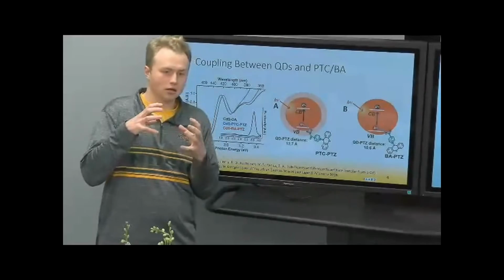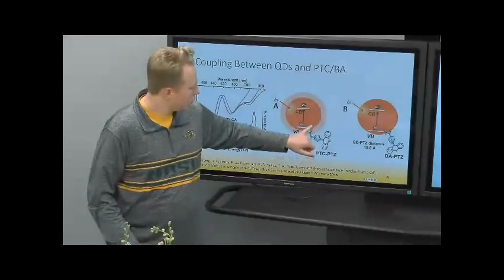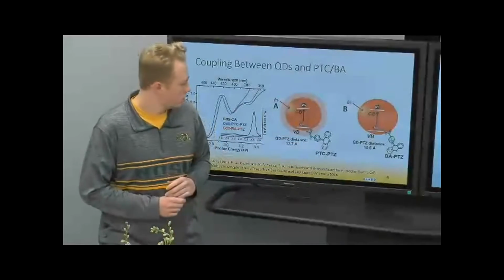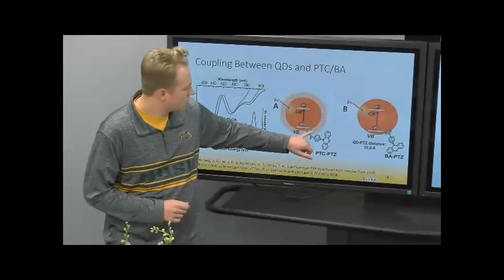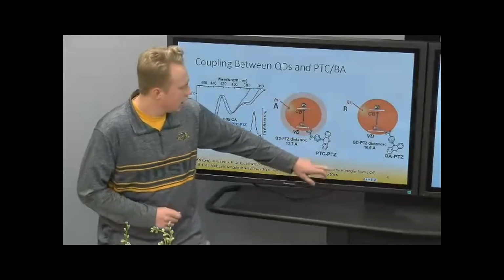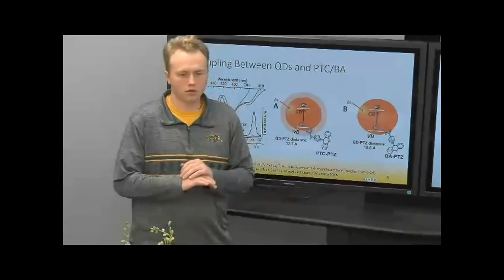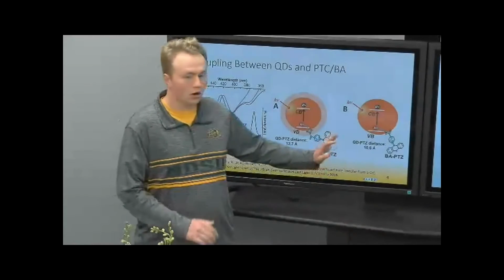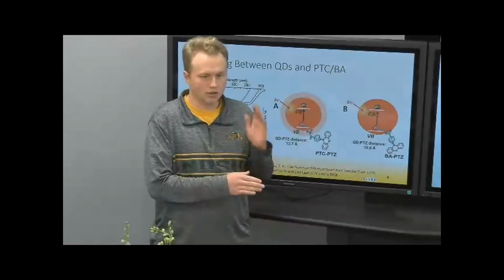The box gets slightly bigger because it interacts with the sulfur on the group. And what's the difference between your linkages? Oh, sorry. It's sulfur for PTC and oxygen for BA. So it's a carboxylate and a thiol group. That's the only difference, the oxygen and sulfur.